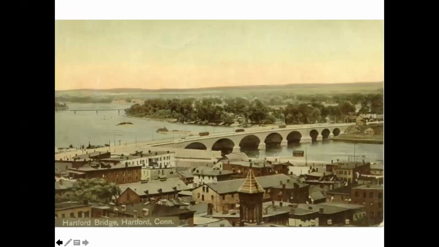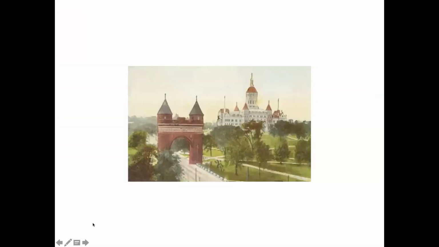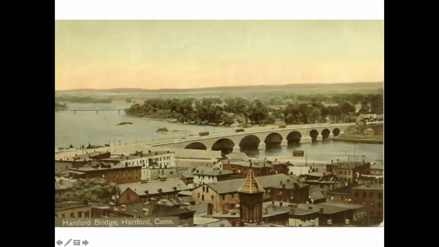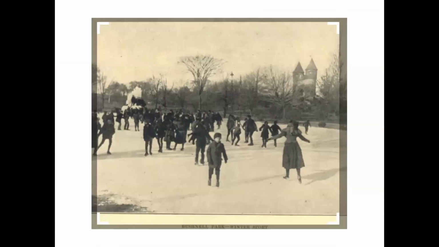So I'm from Hartford, Connecticut, and the story of Hartford is similar to the story of many of the cities and towns that you all are from. Hartford in the 1900s was one of the wealthiest cities in America.